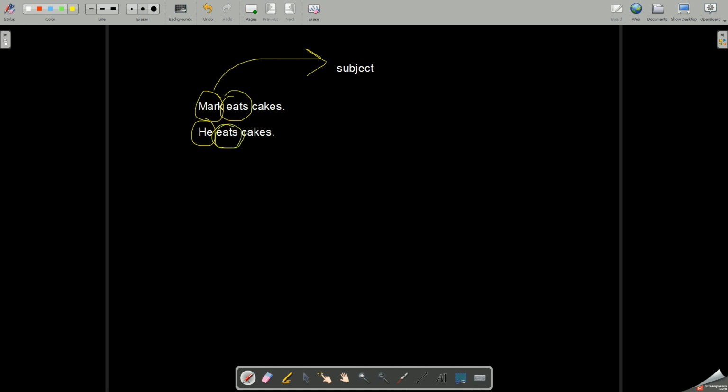So eats is the verb here, and he and Mark both are the subjects of the verb eats, and cakes in both these statements becomes the object of the sentence.